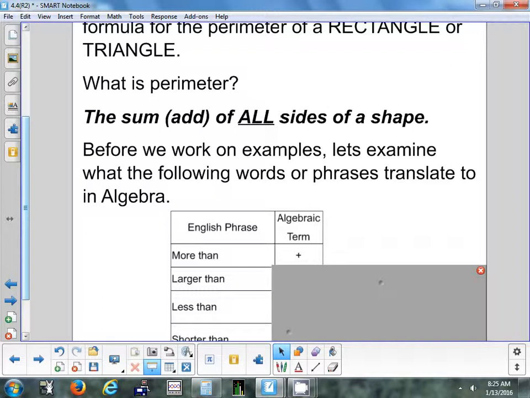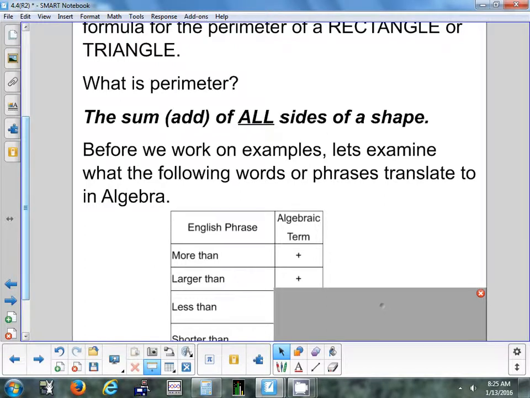What operation do you think of when you think larger? Yeah, that's also addition. Larger than or longer than. Like if I said to you, this table is 6 inches longer than the desk. Longer means it's plus 6. If that's 10 inches, that's 16. It's 6 inches longer. That would still be addition.